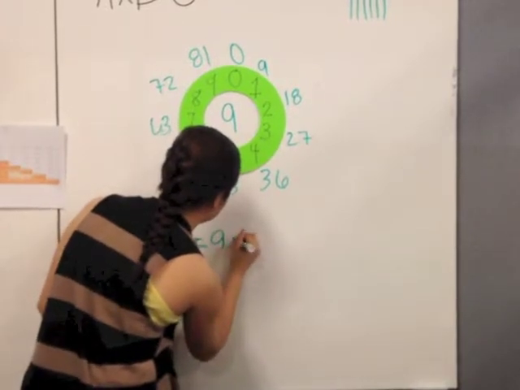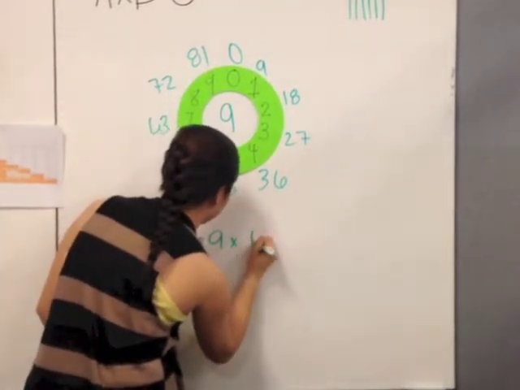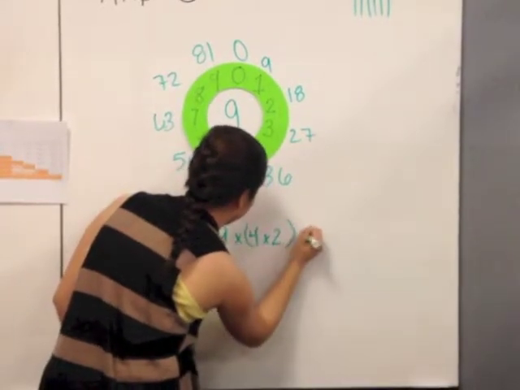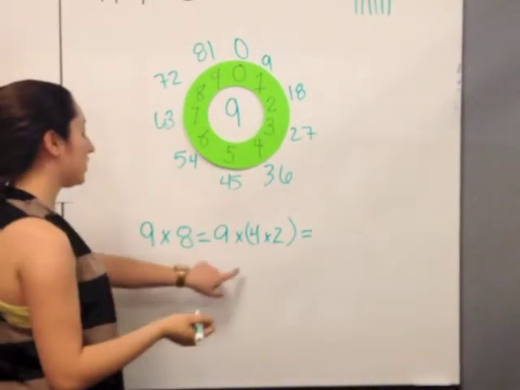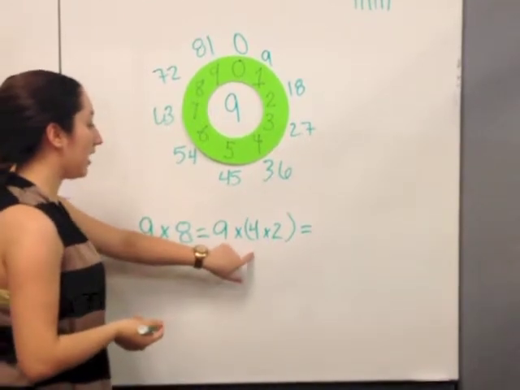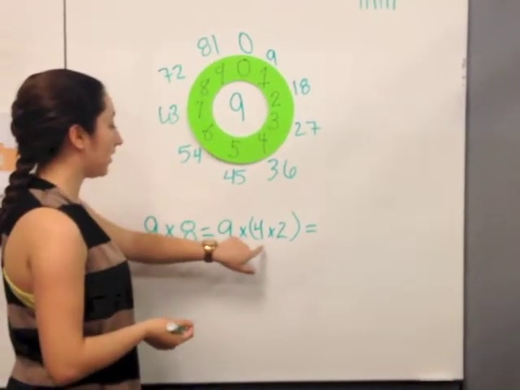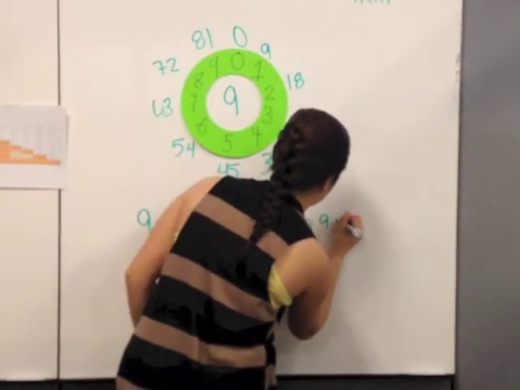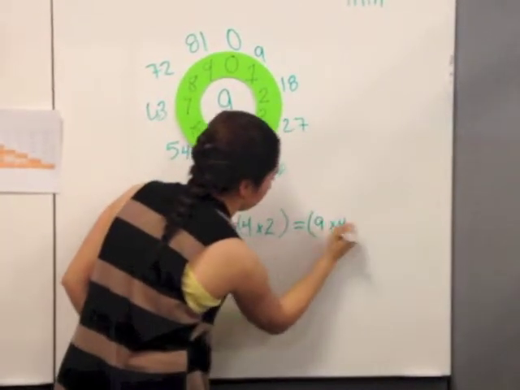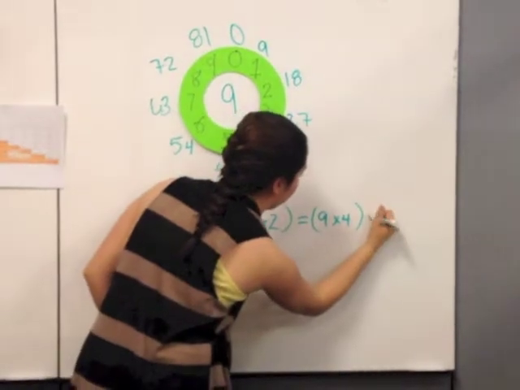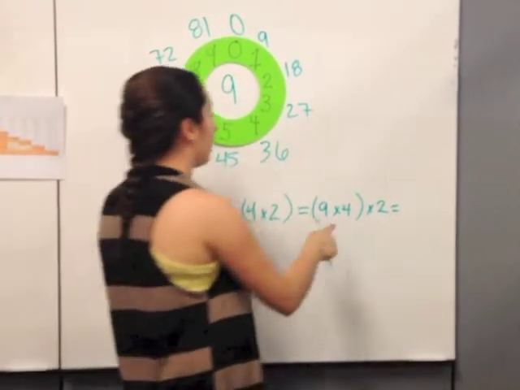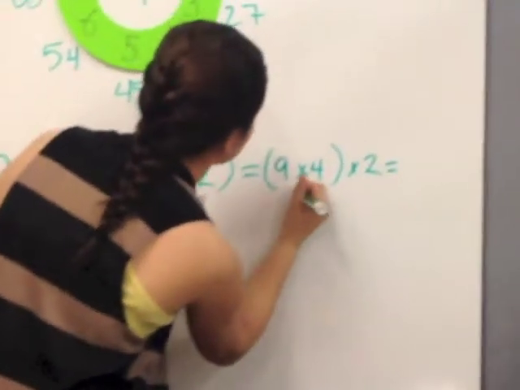9 times, I then use the associative property and change the parentheses into 9 times 4. 9 times 4 is 36.